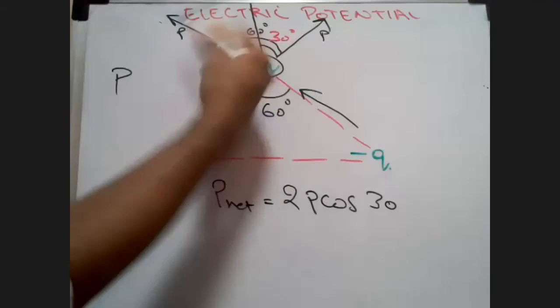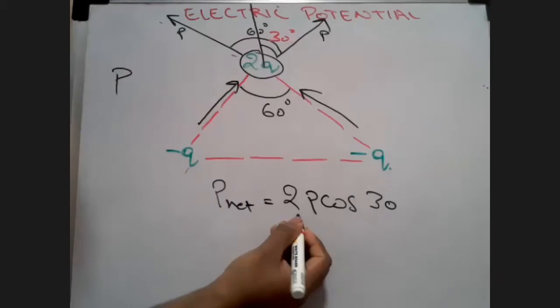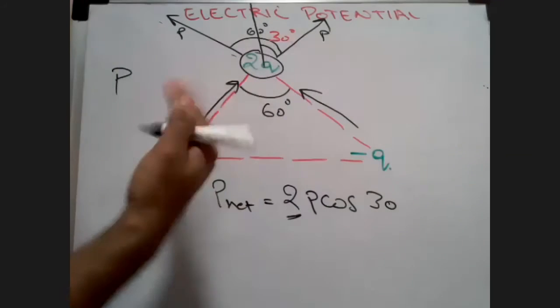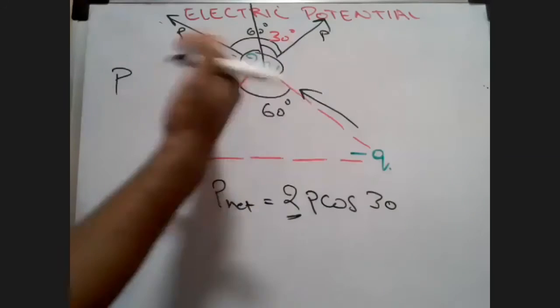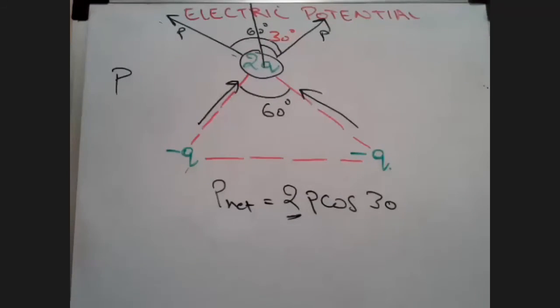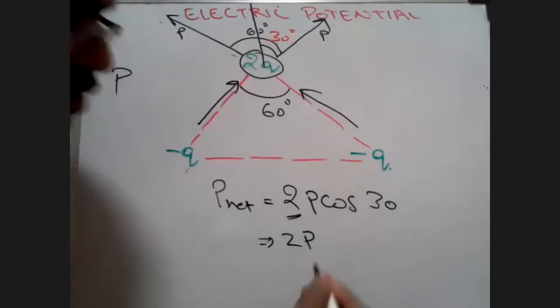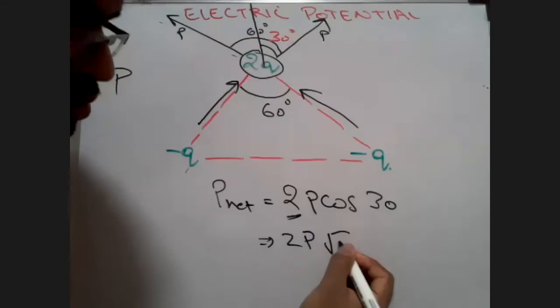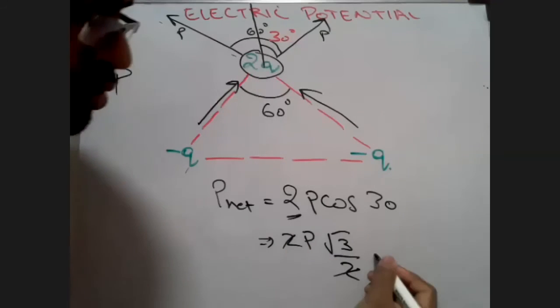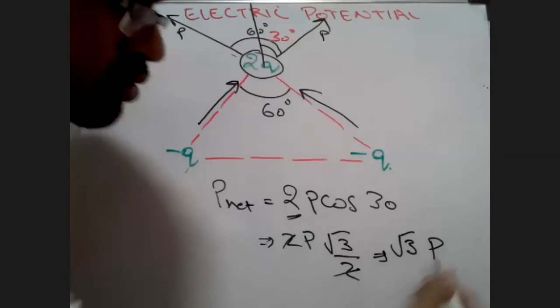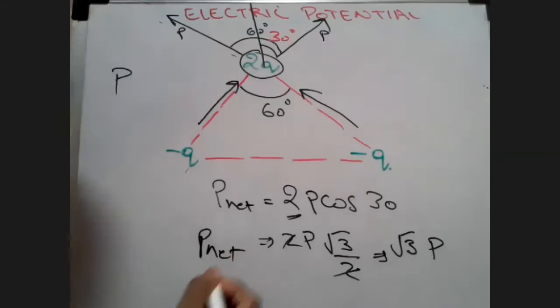So if I have to find both the components on the y-axis, due to symmetry, I will add both of them and write 2P cos 30. So what is cos 30 now? Root 3 by 2. So your net dipole moment is root 3 P. Your net dipole moment is what?